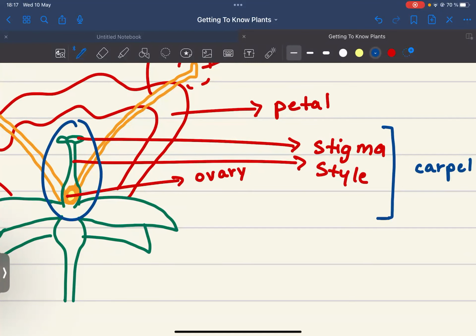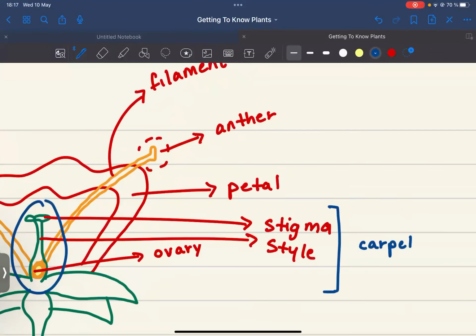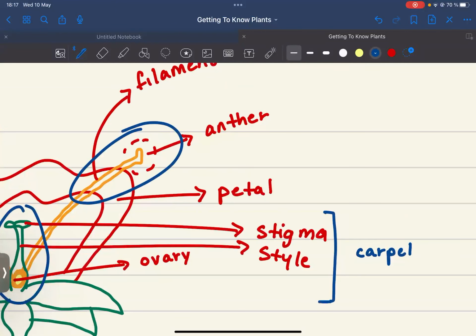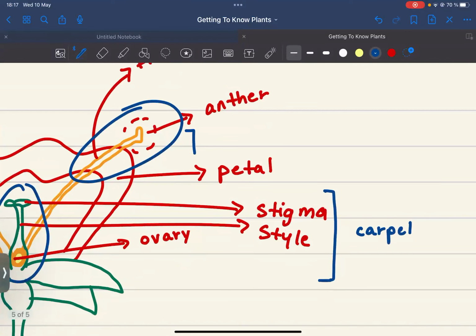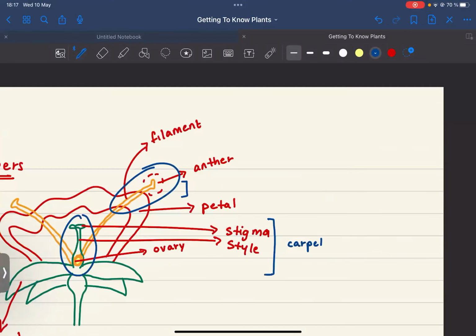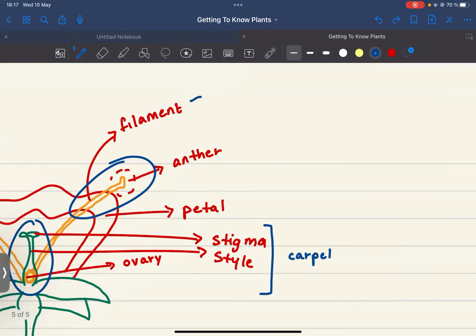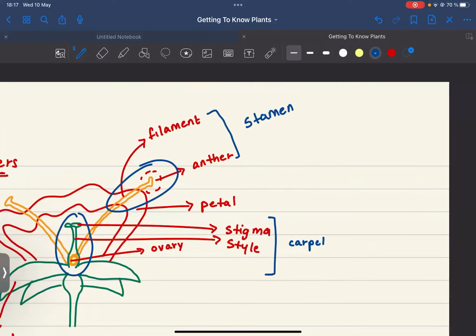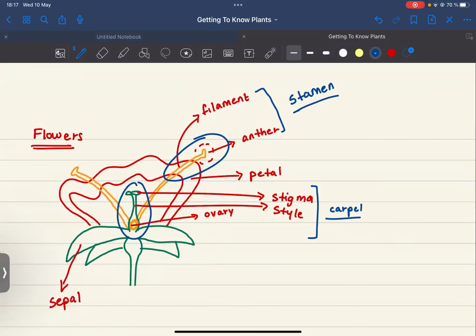And the anther and the filament together are known as the stamen. So normally they say stamen and carpel, and in that itself all five important parts will come: the filament, anther, stigma, style, and ovary.